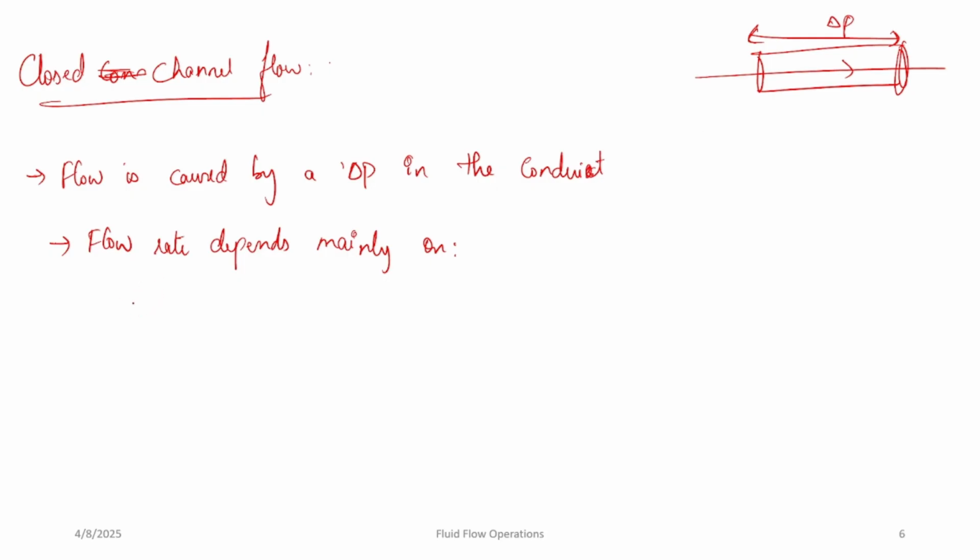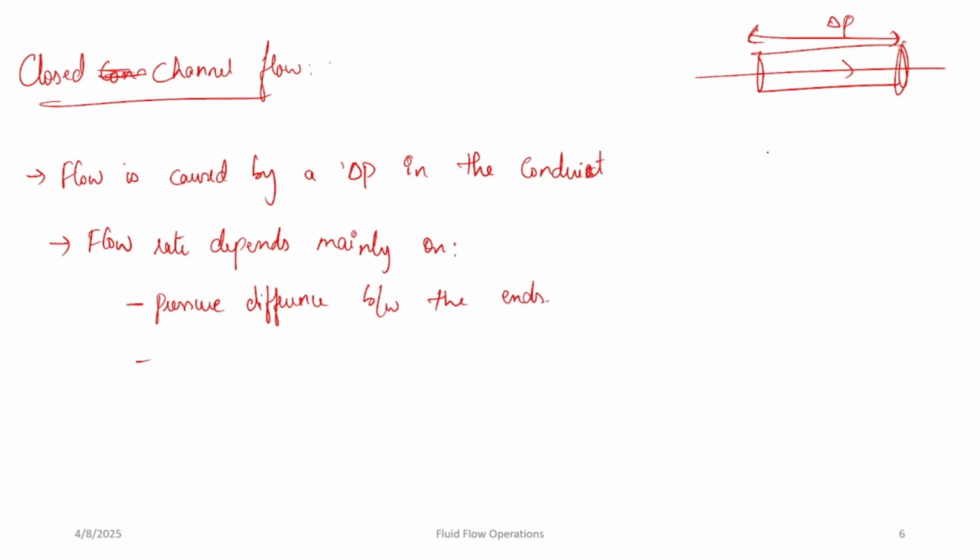So that is the first parameter affecting the flow rate: the pressure difference between the ends.